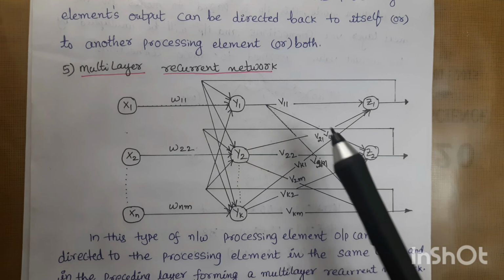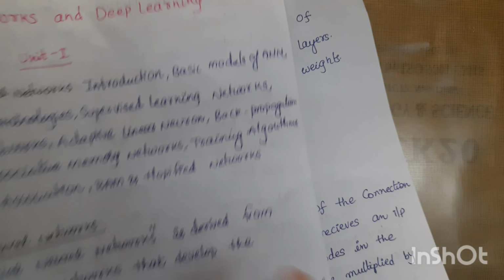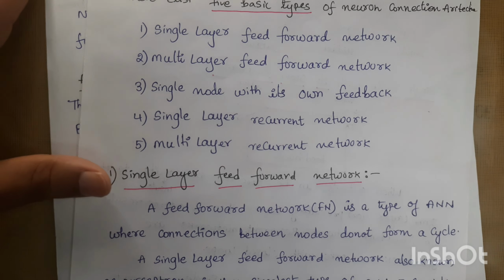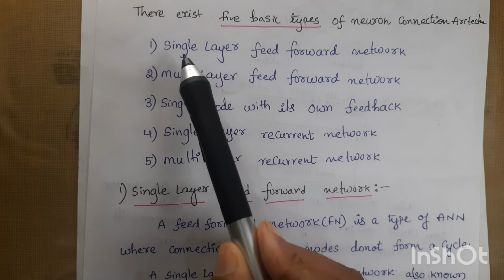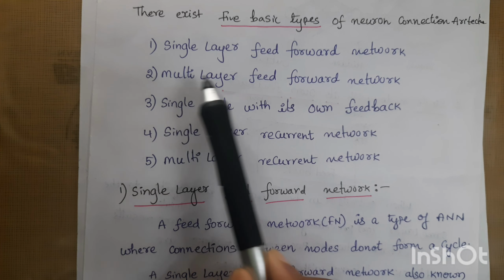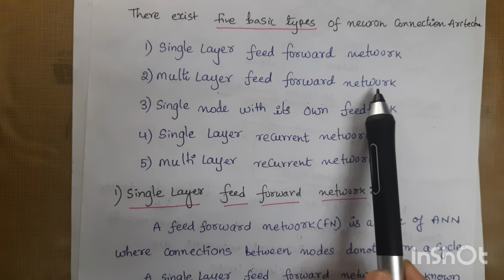So this is all about the 5 basic models of ANN. Remember the important points. Single layer feed forward network has inputs and outputs. Multi-layer feed forward networks have inputs, outputs, as well as a hidden layer.